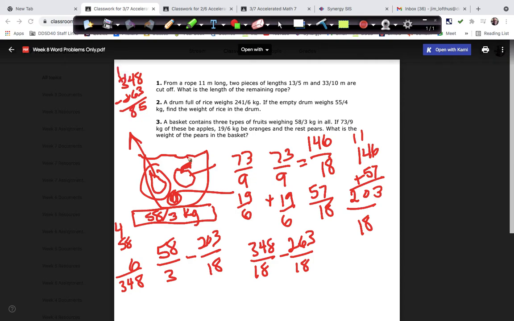And I get 85 eighteenths. 85 eighteenths. So 85 divided by 18. It's going to go in here.